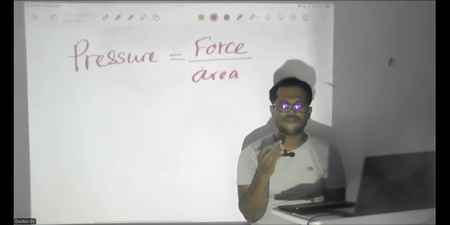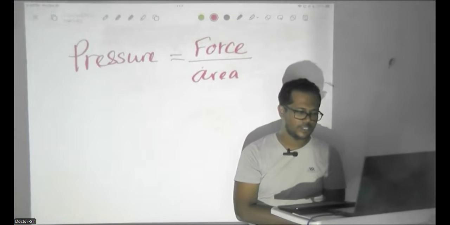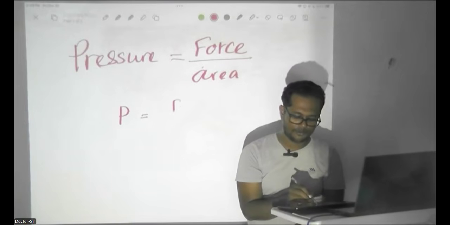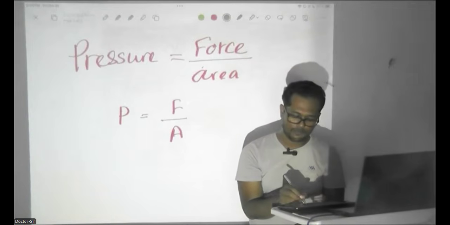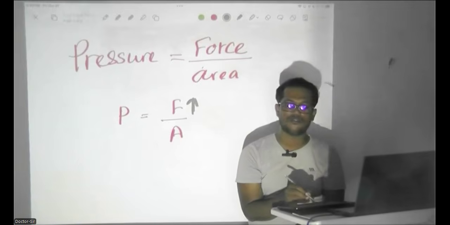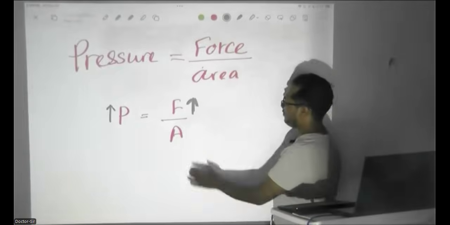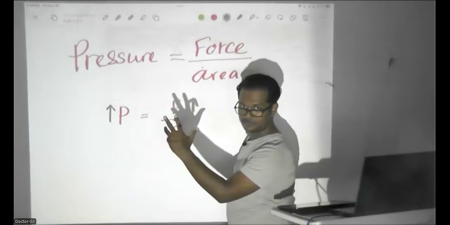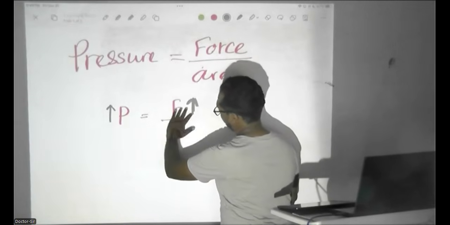Pressure is equal to force divided by area. So how are force and area connected? When we increase the force, the pressure increases. That is the connection between pressure and force.